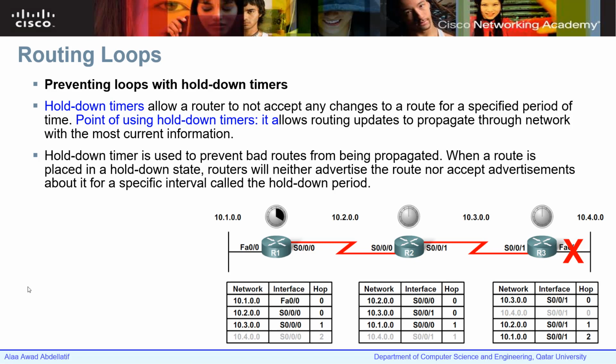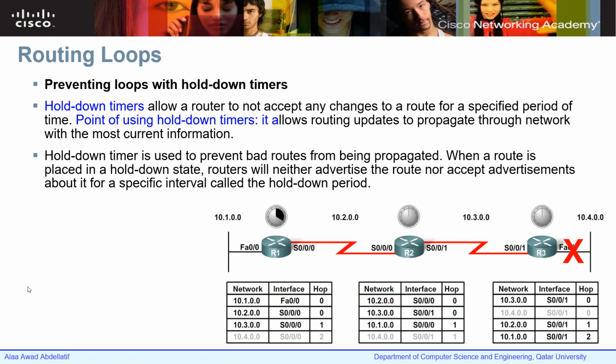Did you see how we solve this problem? What is the reason for routing loops? These updates reach the other routers after a long time or after a delay, and the other router is still assuming that this route exists.